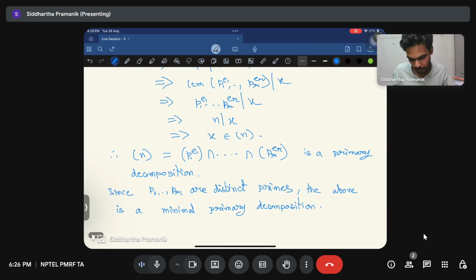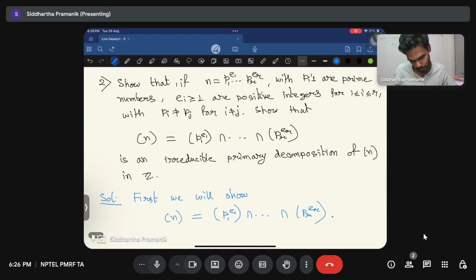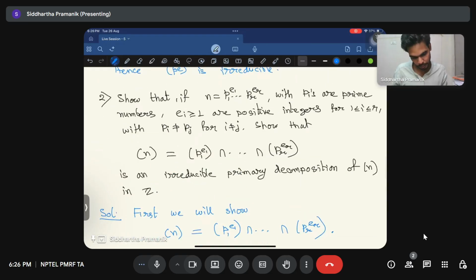So this proves the question completely. Now, if we take an arbitrary ideal in Z, we know its minimal primary decomposition. From that, we can say something about the associated primes. So let's put that as a remark.